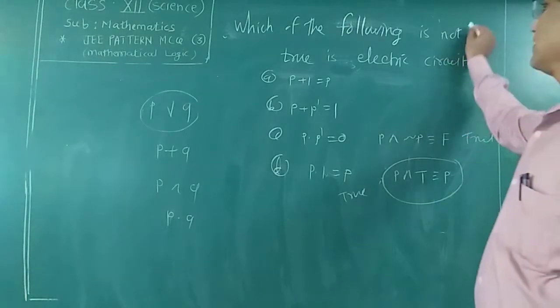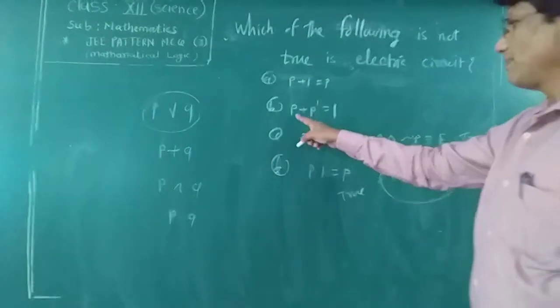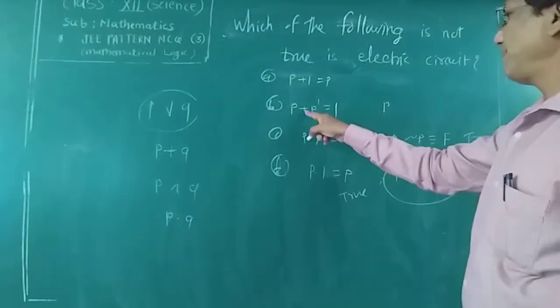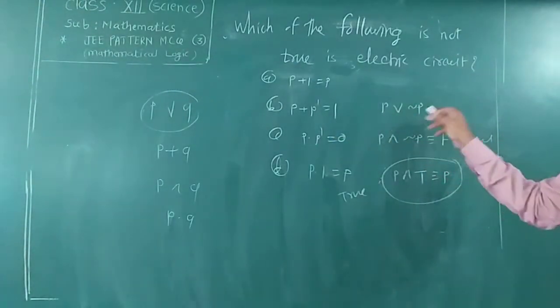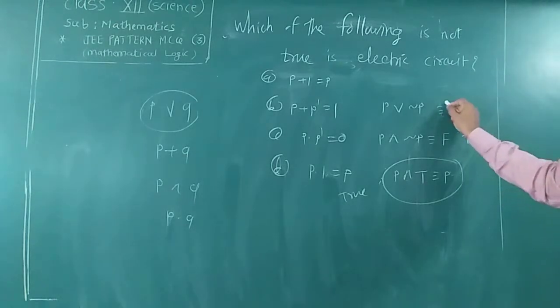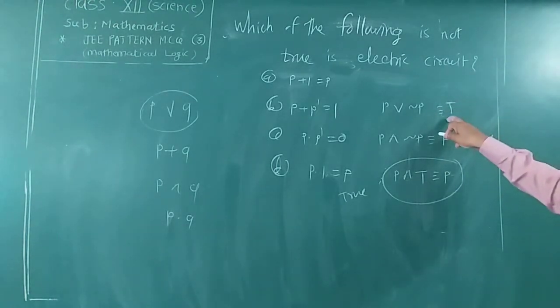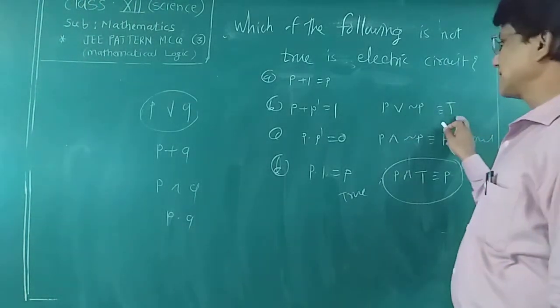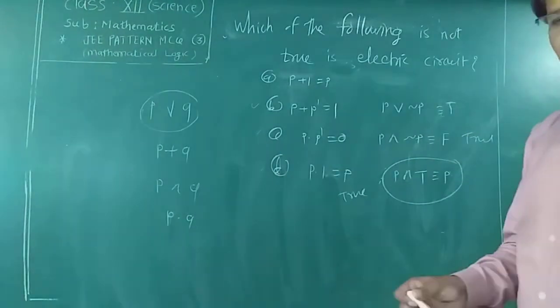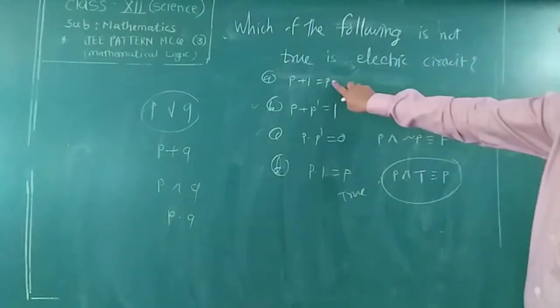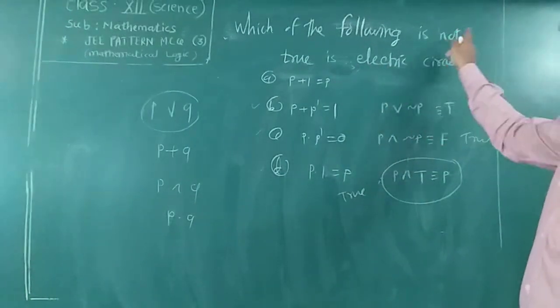We are finding which is not true. P plus P dash means P OR negation of P, which is T again by the complement law, and T means 1. So options B, C and D are totally true, which means the first option is the one that is not true.